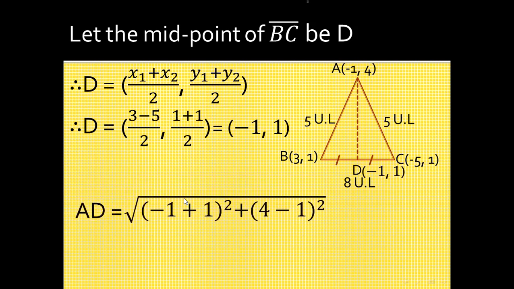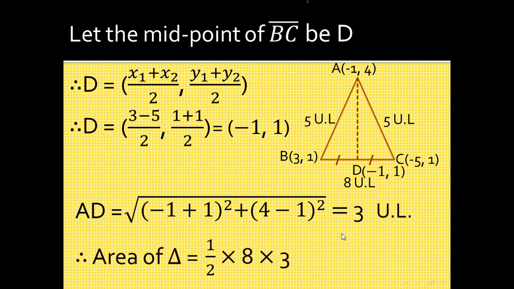Why do I need to find the length of AD? Because we know that the median in the isosceles triangle is perpendicular to BC, such that AD will be the height of this triangle. Then AD equals 3 centimeters. Then the area of the triangle equals half times the base BC, which is 8, times 3, which is the height, as we studied before.